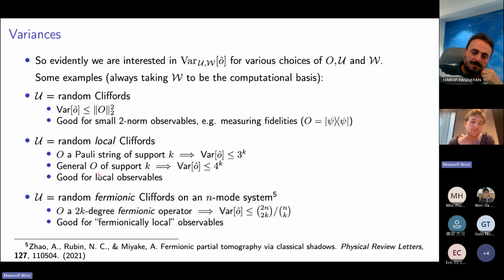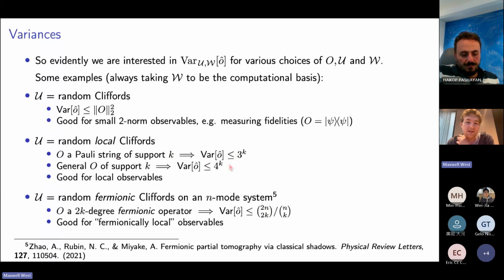And if you relax that a little to take arbitrary operators that only have support k, then the bound goes up to 4 to the k. We'll see in a minute where these numbers come from more intuitively, and also how they change when we do real shadows. But I'm just trying to emphasize, this is completely different behavior, right? In particular, this is independent of the total system size.